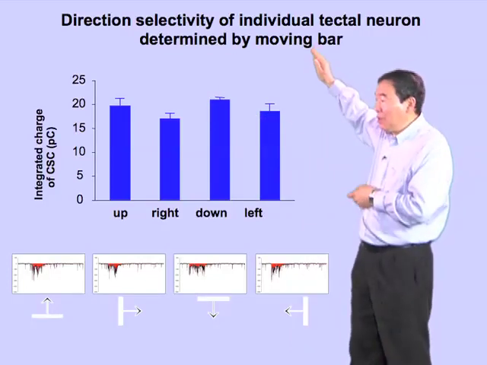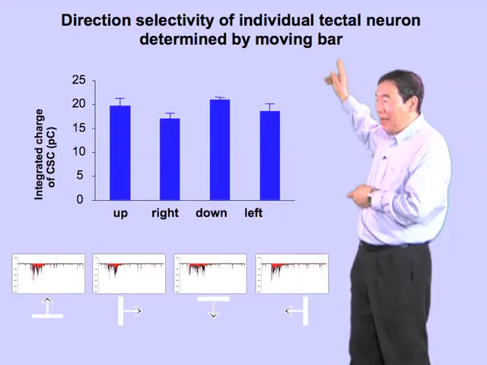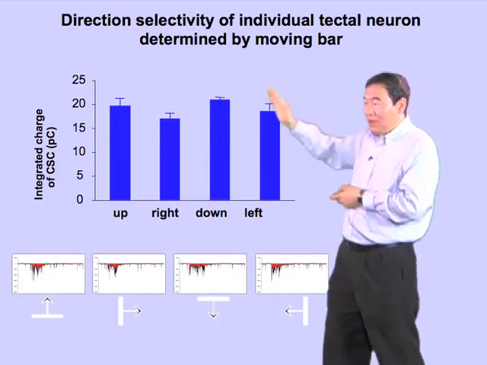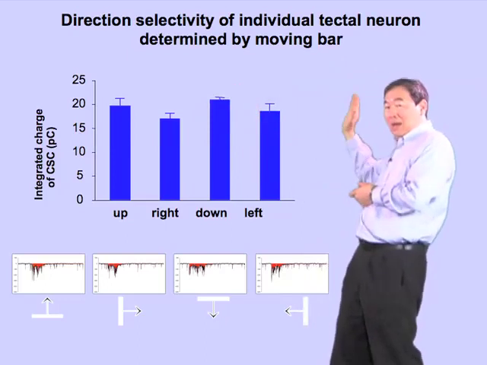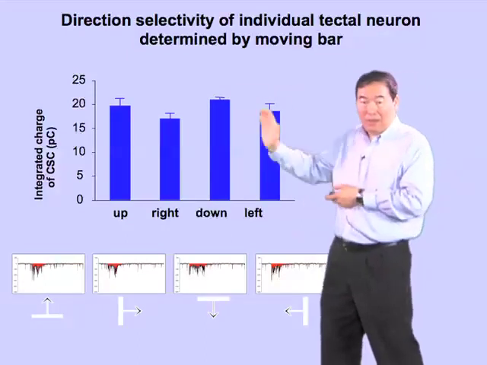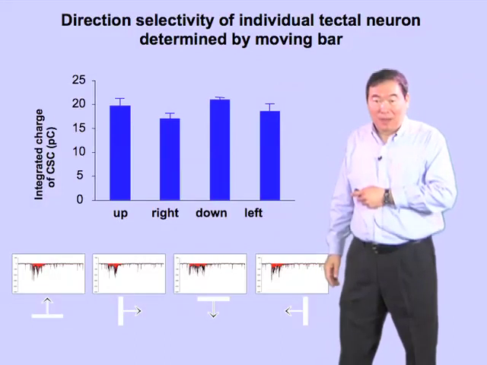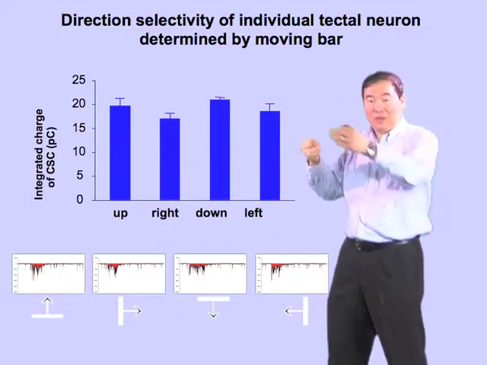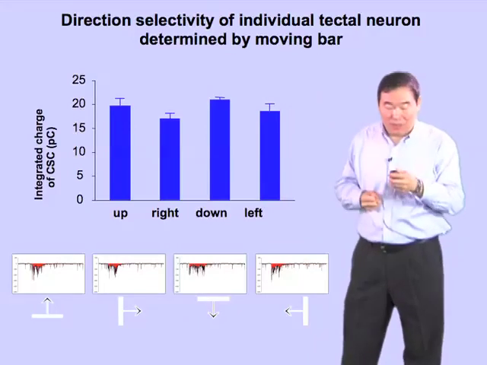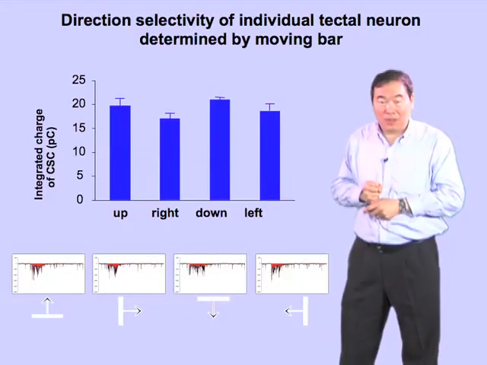So there's no direction selectivity in the individual tectal neurons as determined by moving bars in different directions. They are not sensitive to direction. They are all responsive, receiving input from different ganglion cells, and the total input is more or less equal.